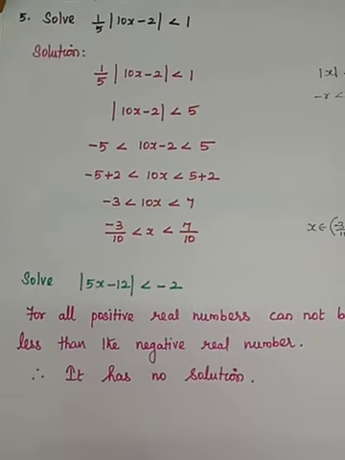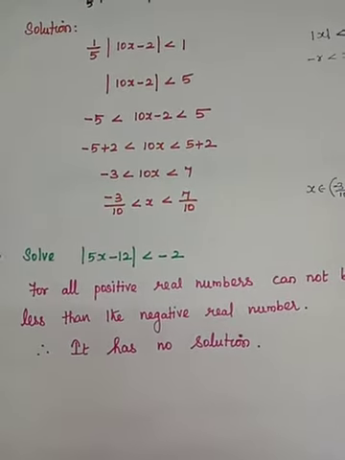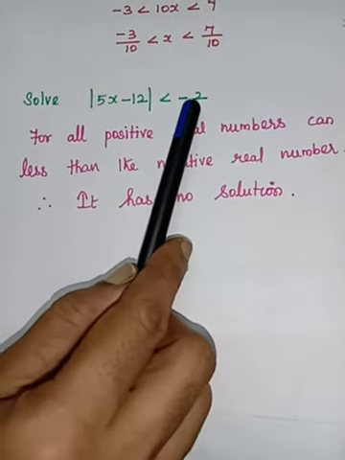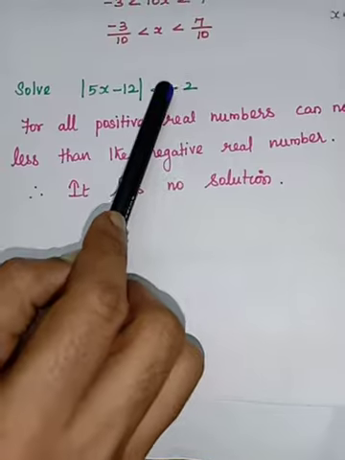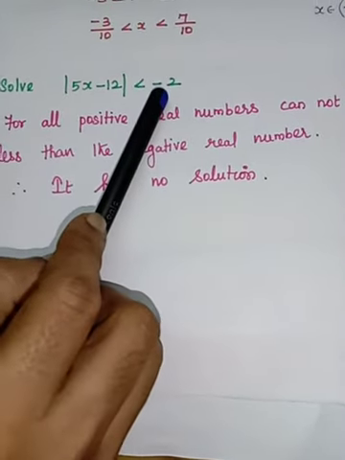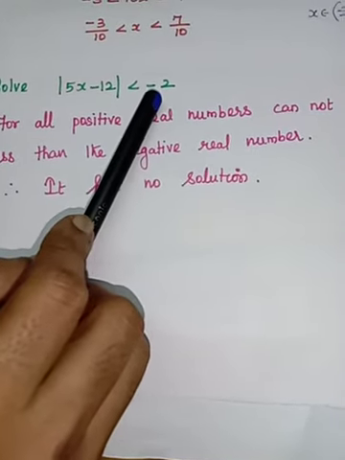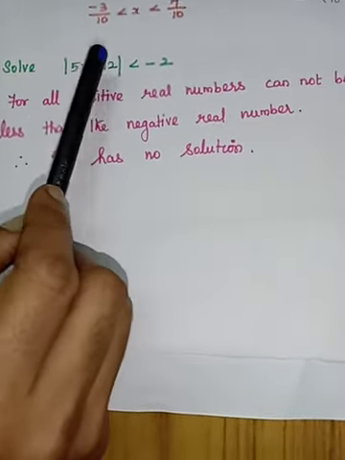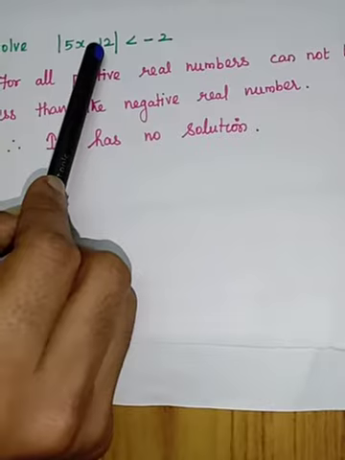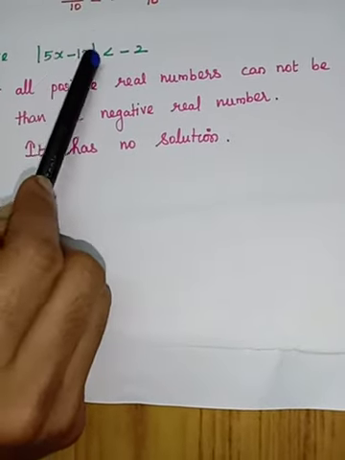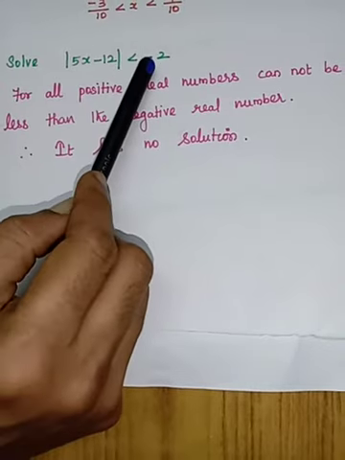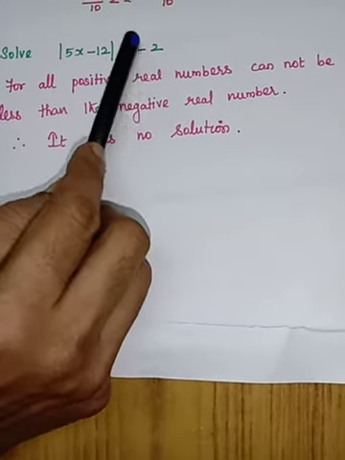Come to the next problem, the sixth one. You see that modulus of 5x minus 12 is less than minus 2. You have to see the right side, it is negative. Modulus of any number is positive, and a positive number cannot be less than a negative number.